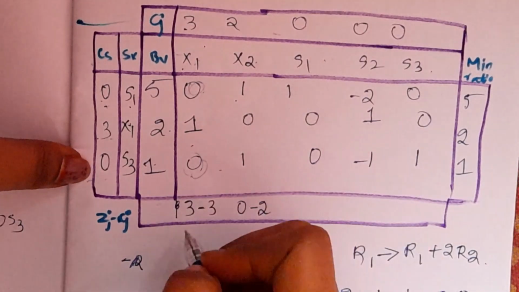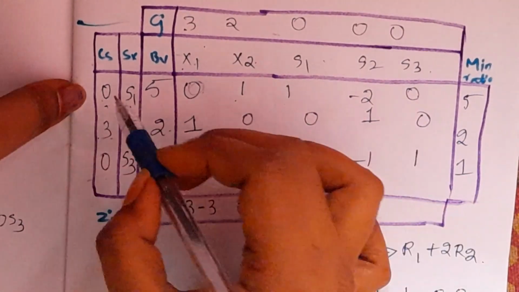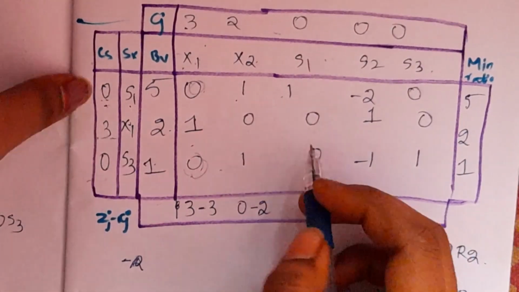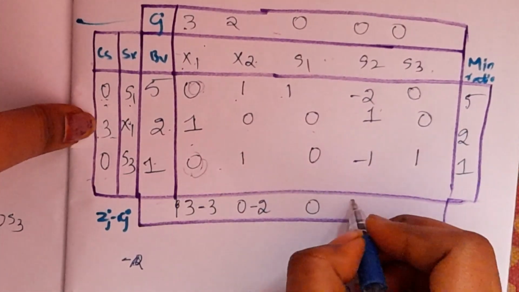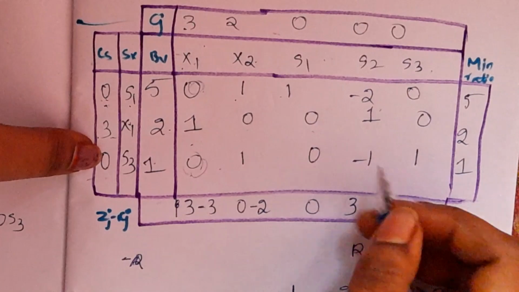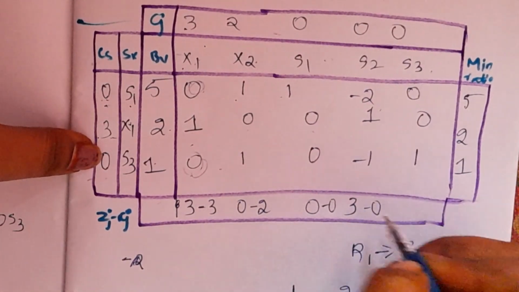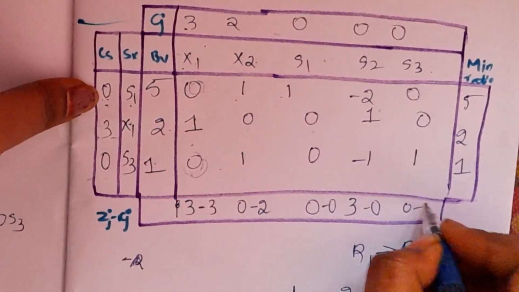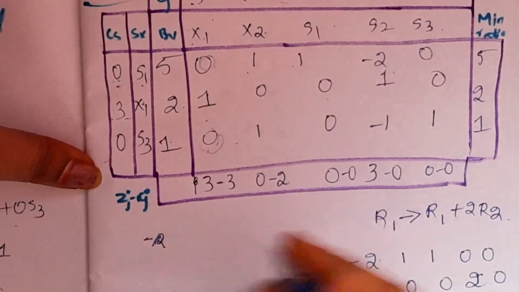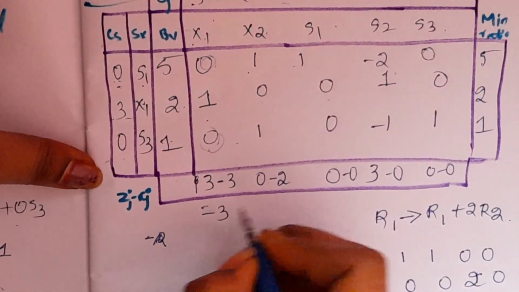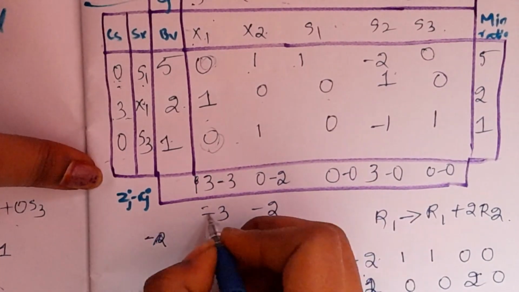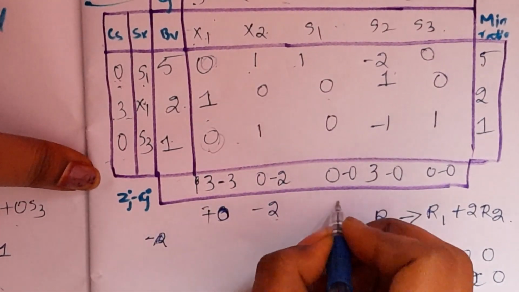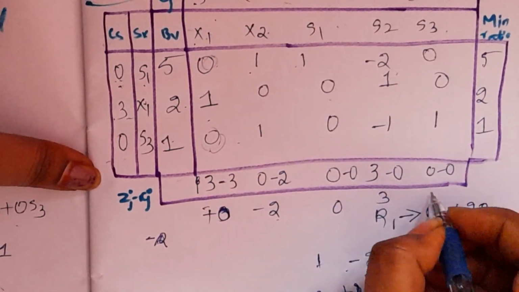I am writing directly guys, understand. We got minus 3, minus 2, sorry, here we will get 0, minus 2, 0, 3, 0.